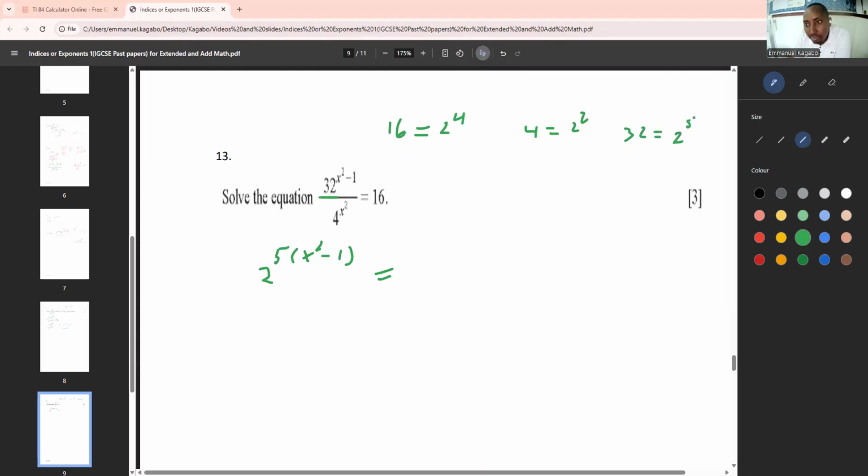Okay? Good. Now here it will be 2 power 2 bracket x squared. I did cross multiplication, guys. I can write it like this. There's no problem about that. This is x squared. Now 2 power 4. All together, guys. Good.